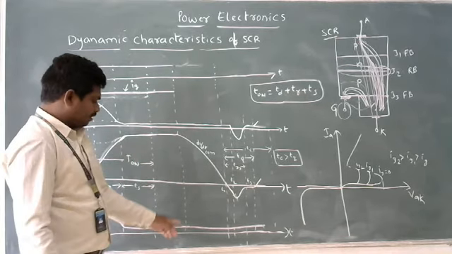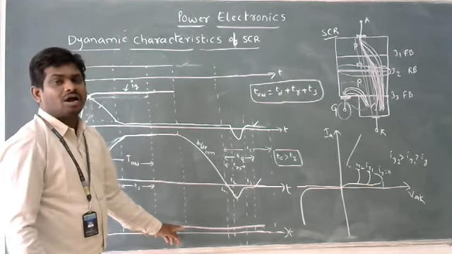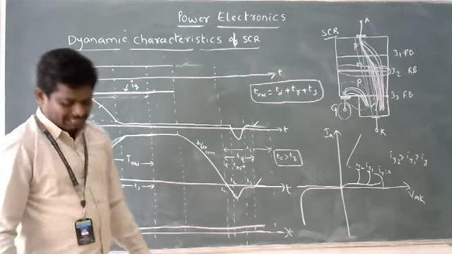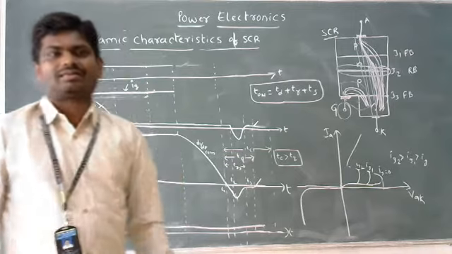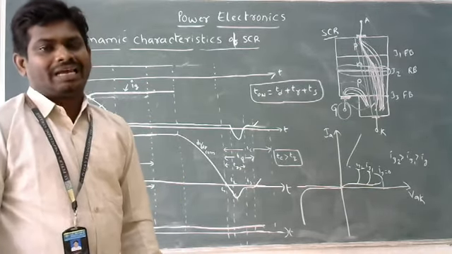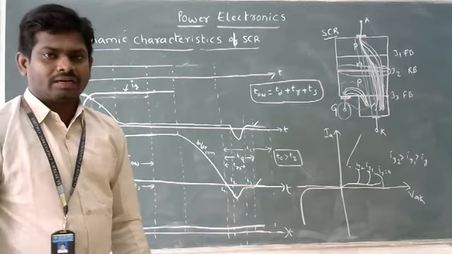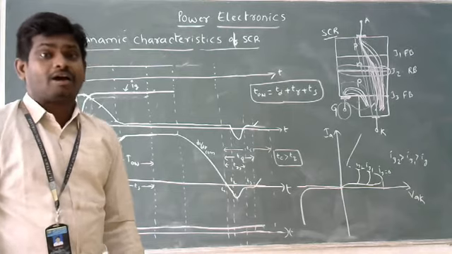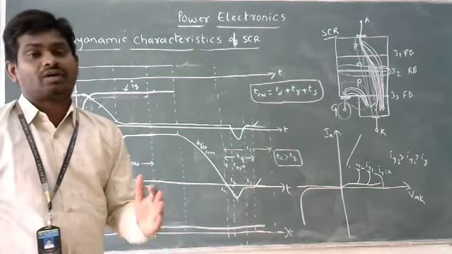So till this point, our SCR is in the on condition, meaning the conducting state. In the conducting state, SCR is like a closed switch which allows the current to flow. In the forward blocking state, SCR acts as a switch in off condition, meaning it doesn't allow the current to flow.